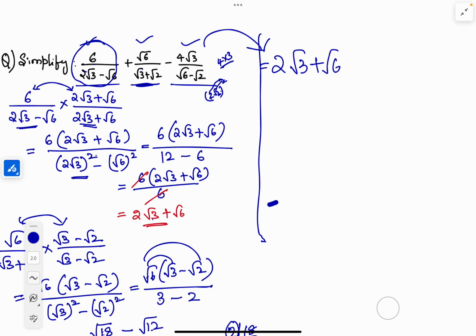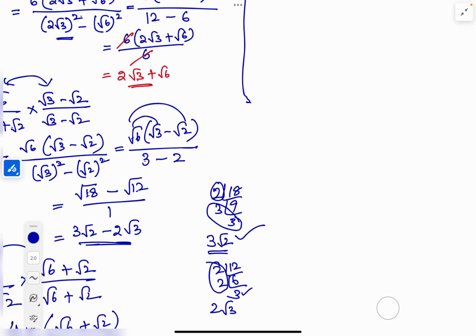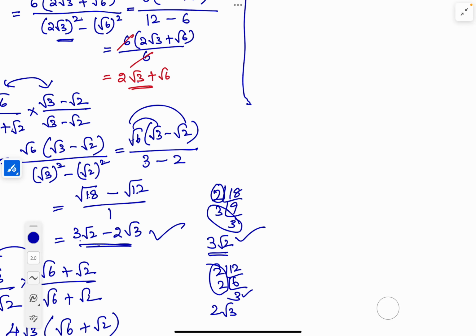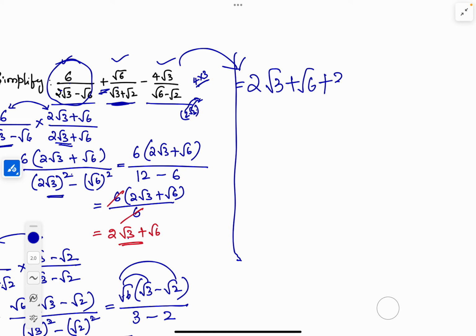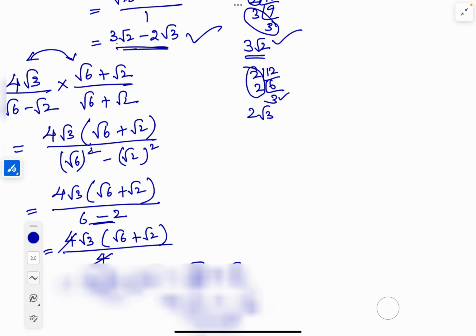First term. Second term, what did we get? Plus. Whenever it is plus, children, we need not put a bracket. But whenever it is minus, don't forget. So we got 3 root 2 minus 2 root 3. And here it is negative sign. So put negative followed by a bracket. That is very, very important.